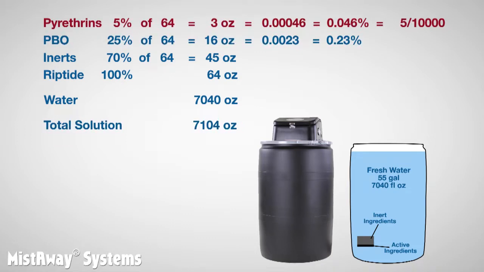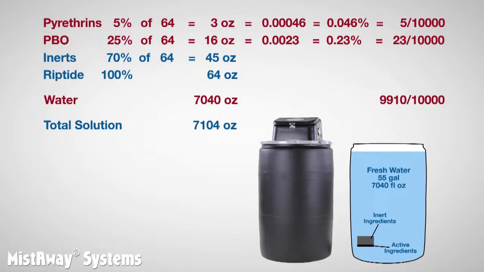Now these are very small numbers. To put them in perspective, rather than use percentages, let's use 10,000 as a denominator. When you do this, you see that pyrethrins are only 5 parts out of 10,000. And PBO is only 23 parts out of 10,000, while the water is 9,910 parts out of 10,000.